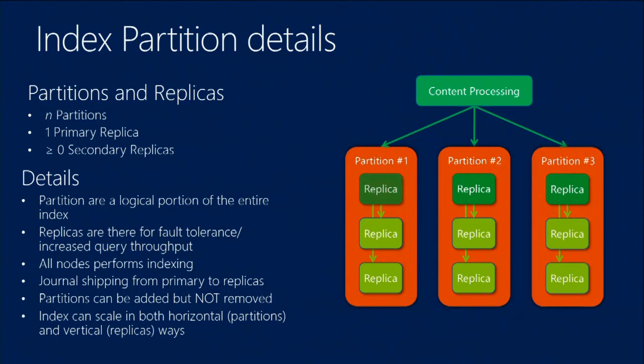So what happens if I'm losing this replica? Well, this was the dark green one, so a primary replica. The replica that was responsible for receiving the content from content processing. Those documents that were in processing at that replica when it crashed will bounce and will not be indexed.